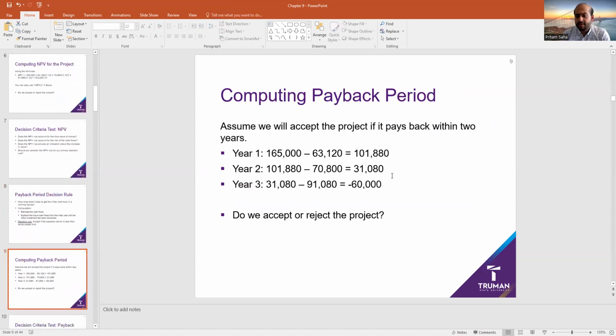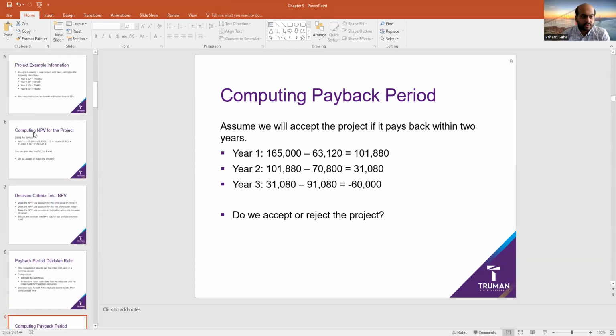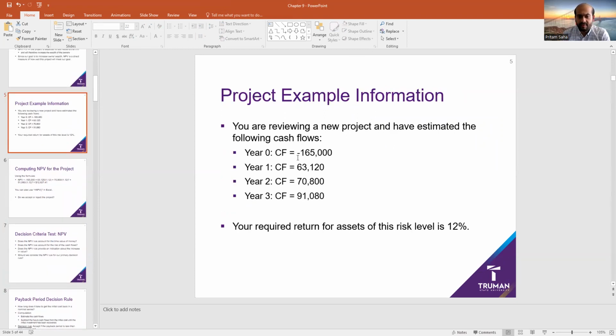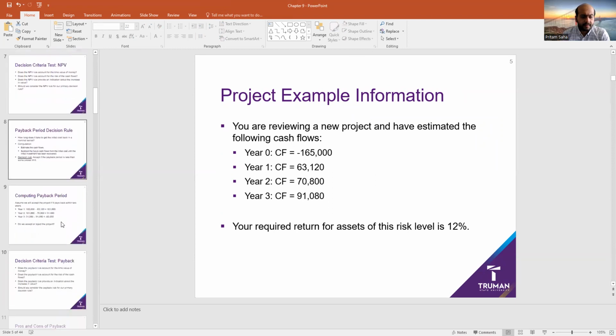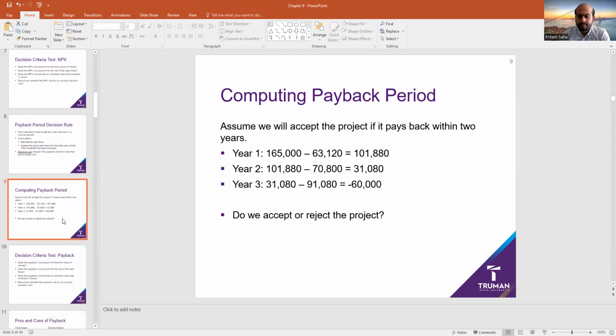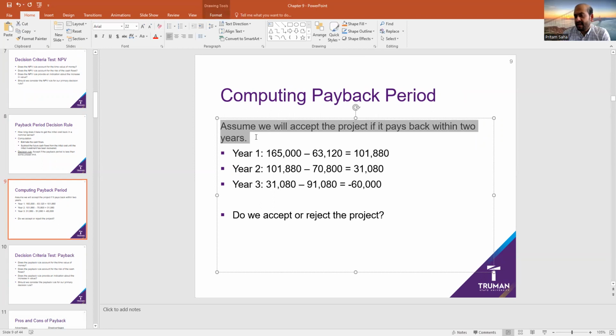So let's think about the original example we have been working with. The investment today is $165,000, and these are the 3 cash flows, for years 1, 2, and 3. Say you set a preset limit of 2 years. You decided, if my initial investment is returned within the next 2 years, I will invest, else no. How can we decide?